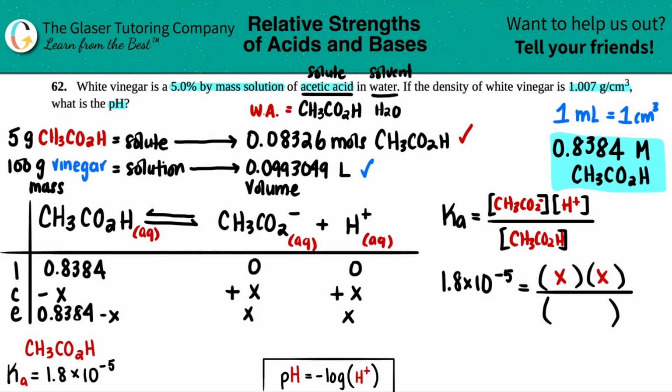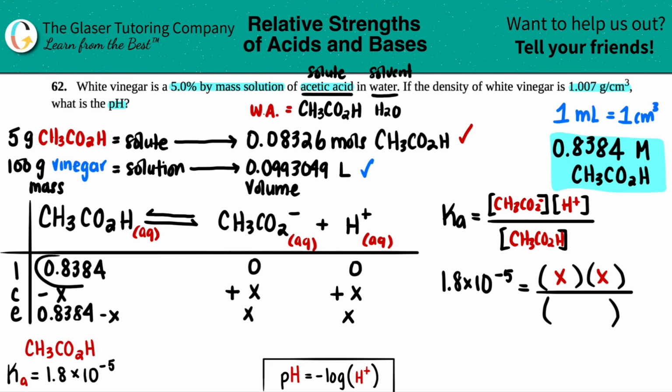So there's a trick here. What I like to use is if you see that you have a Ka that's very, very small, in this case a number times 10 to the negative fifth, that's a really small Ka. That means that at equilibrium, you are going to be mostly reactants.